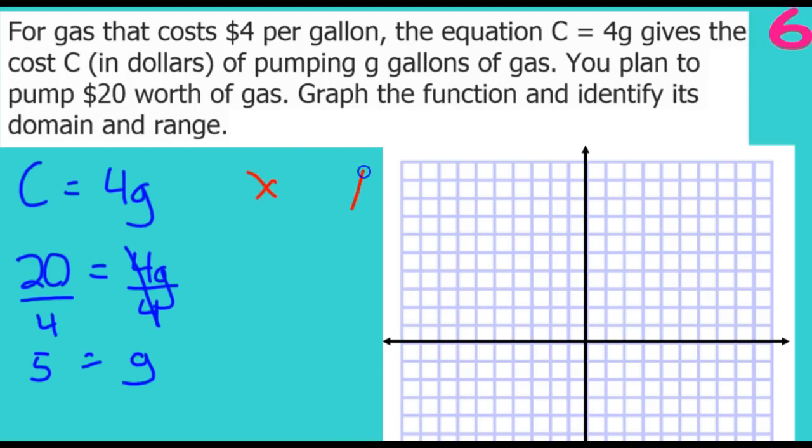So we'll have our table, X and Y. Looks like if we put 0 gallons of gas in, we're still going to have $20. If we put 1 gallon of gas in, we're going to have 16.